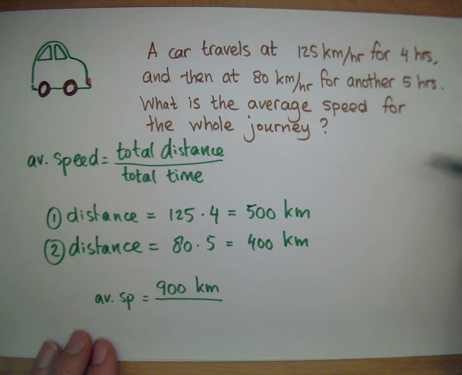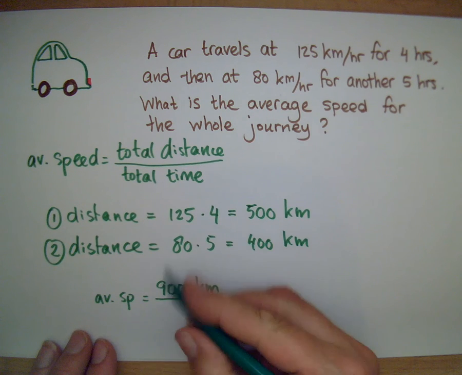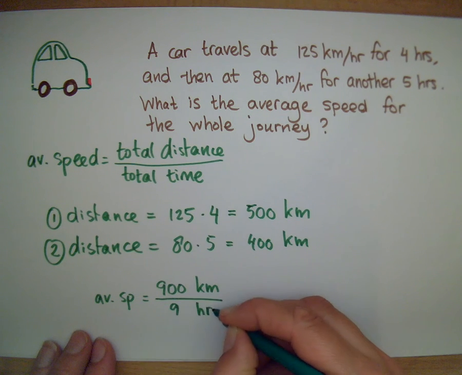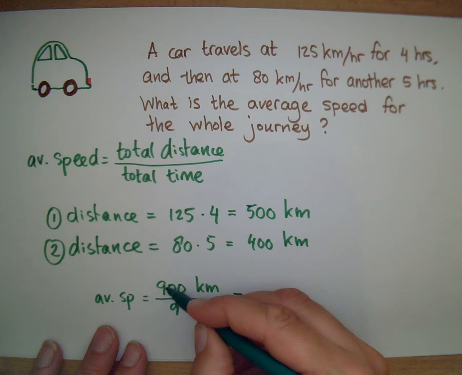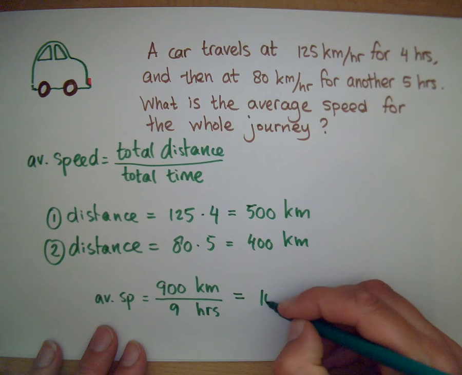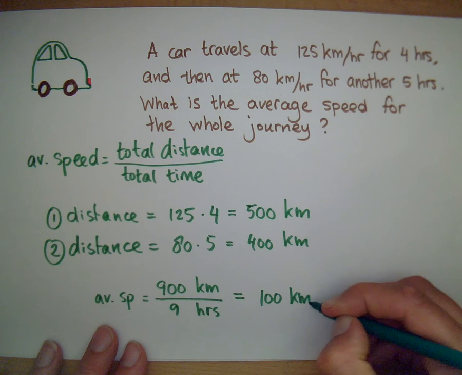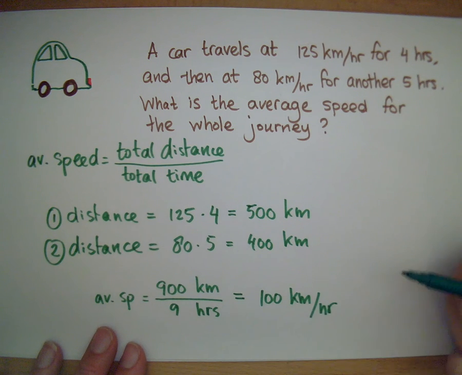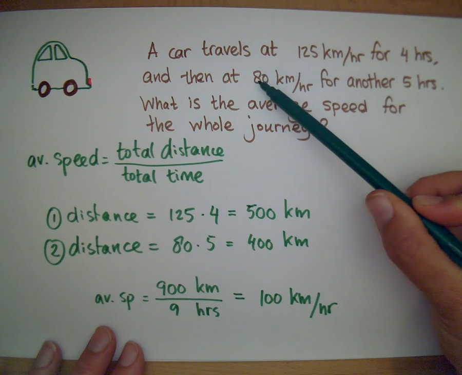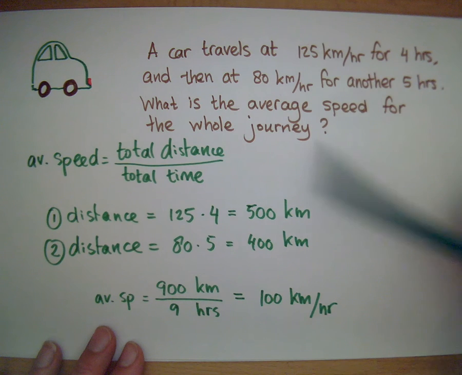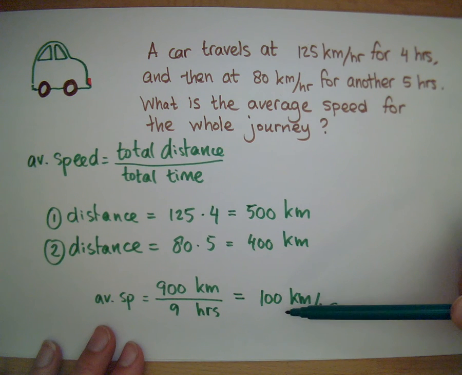Total time that it took me, 4 hours plus 5 hours, 9 hours. That means my average speed was 900 divided by 9, 100 kilometers per hour. And does that make sense? 125 and then 80, so somewhere in the middle is 100, so that makes a lot of sense.